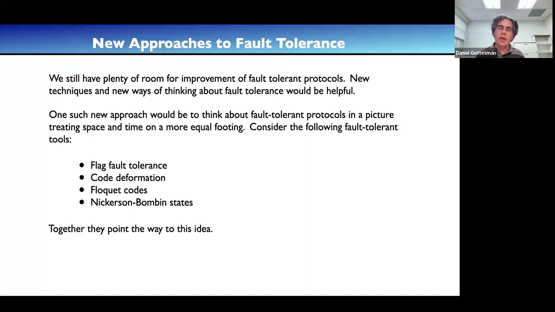So in particular, I think that a new way of thinking about fault tolerance is quite possible, and it points to just a much broader class of fault-tolerant protocols than we've had in the past. To explain this idea, I want to bring up a bunch of existing and in some cases fairly old ideas about fault tolerance and show how they fit together into a new picture.